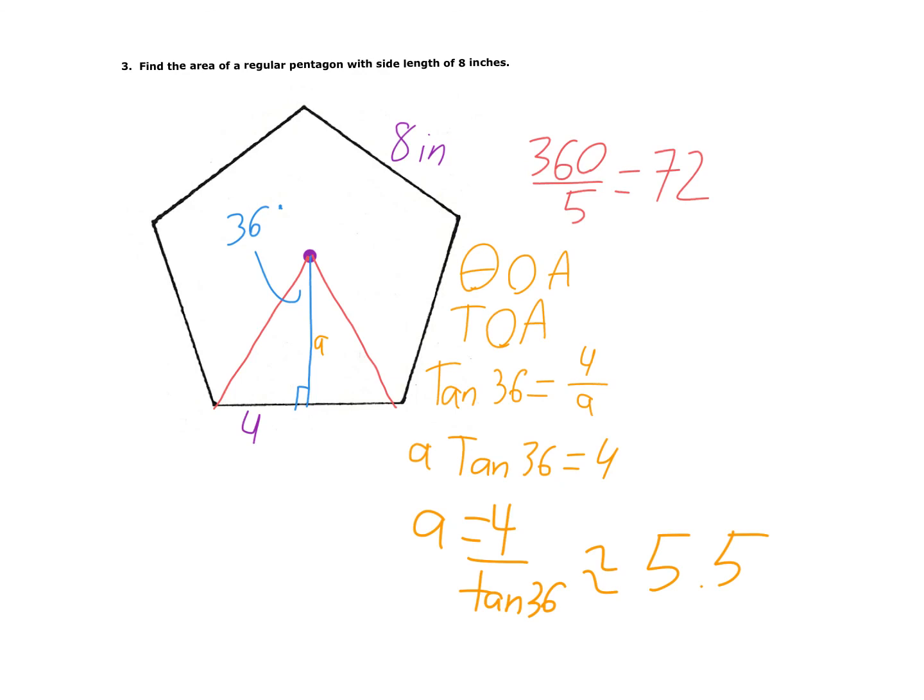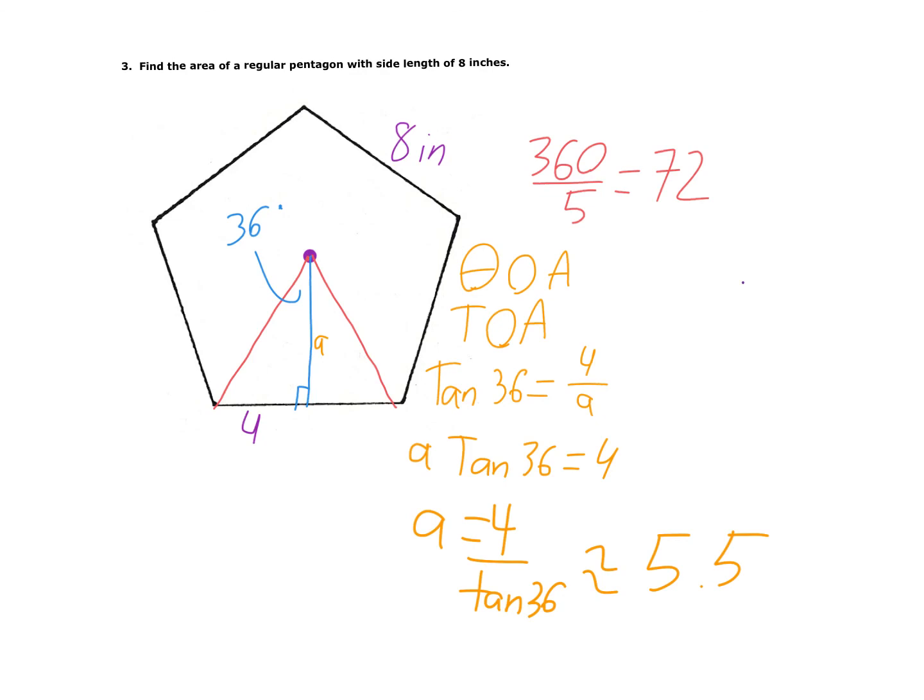So now I have my apothem at 5.5, and my perimeter, meanwhile, is going to be 8 times the number of sides I have. 1, 2, 3, 4, 5. It is, after all, a pentagon. So 5 times 8 is 40.